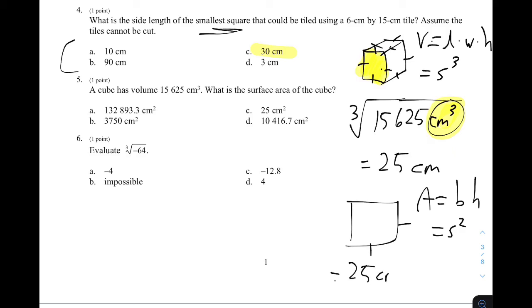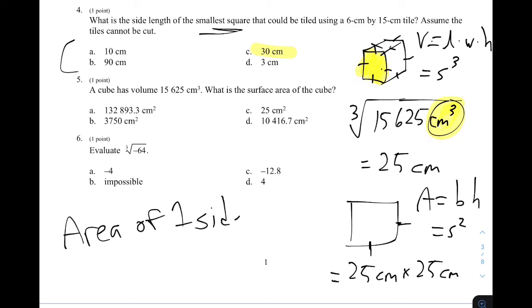And that's 25 centimeters for this measurement times 25 centimeters for that measurement. So 25 times 25 is 625. The area of each side of the cube is 625 square centimeters.